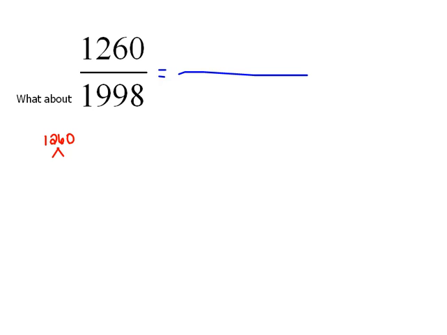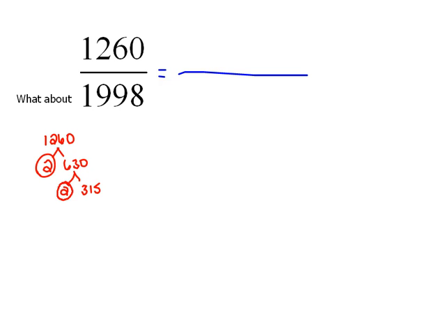If I use an old-fashioned factor tree, then let's say I need two things that multiply together to get 1260. So how about 2 times 630. Okay, 2 is prime, but we can break down 630 some more. How about 2 times 315?